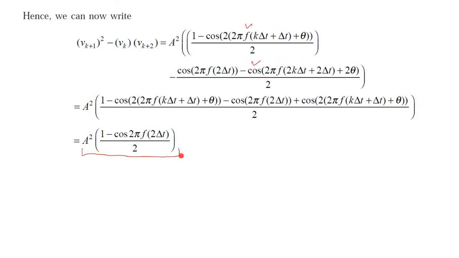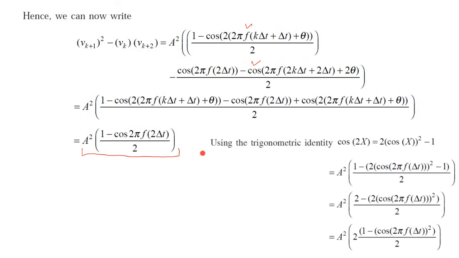Now using the trigonometric identity of cos 2x, I can write simply twice cos square x minus 1, and just simplifying it I will get this expression, substituting the value of x here, that is 2 pi f 2 delta t.